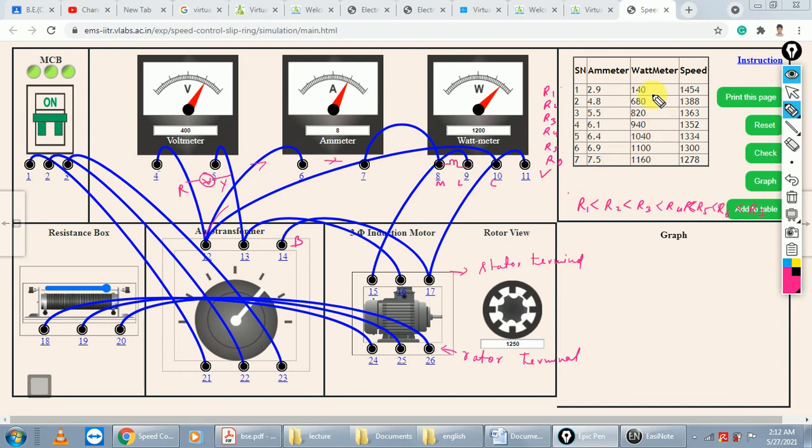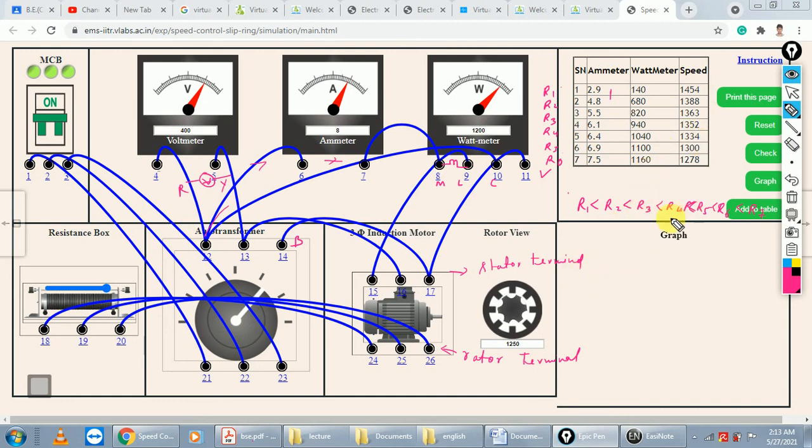Okay, so our rotor resistance increases, so the power drawn from the supply side increases, and the current drawn from the supply side also increases, and our speed reduces.